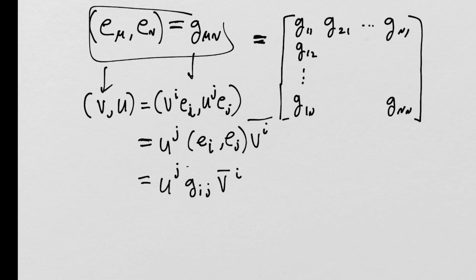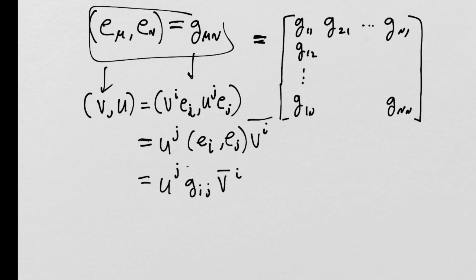Regardless of the down indices, you're summing over the inside index for the V, which indicates V is basically being treated like a row vector, where u^j would be treated like a column vector. So that's the nature of how the matrix for the metric has to be. If you're going to think of it in terms of a matrix, that's how you have to think of it.